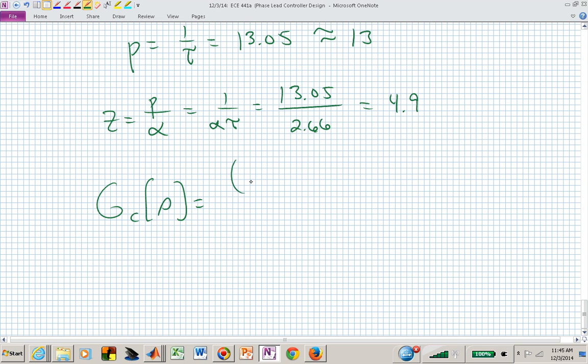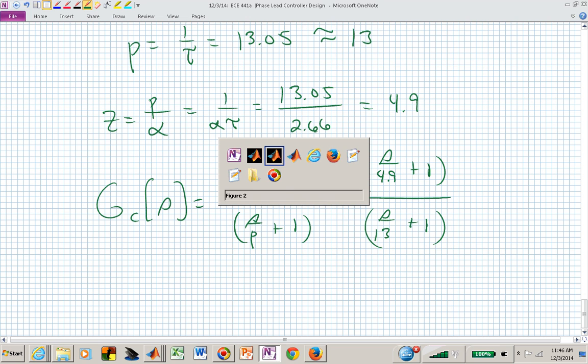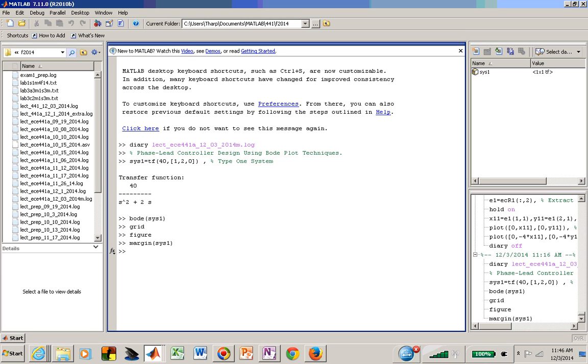In terms of zeros and poles, we have a zero and a pole, and we've just now found what those values are. Our zero is at minus 4.9, and our pole is, let's say, at minus 13. We can now put that into MATLAB and see what we end up obtaining.